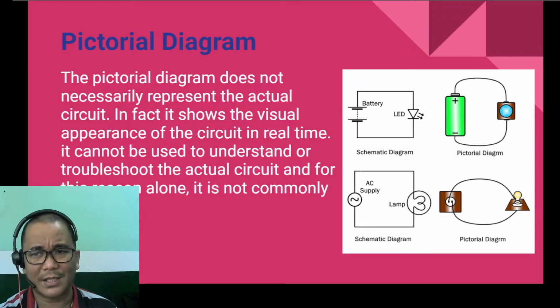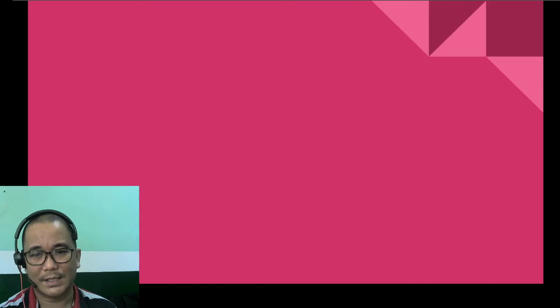For some with less knowledge in electrical, it is impossible to understand how the circuit works and diagnose it. So as you can see, the pictorial diagram does not provide enough information regarding the electrical connection of the components.